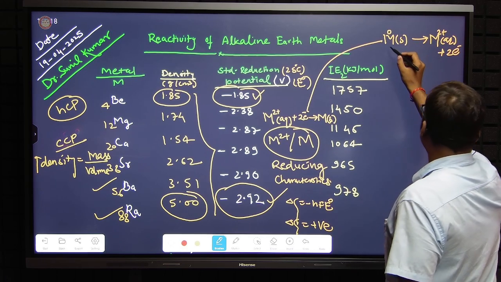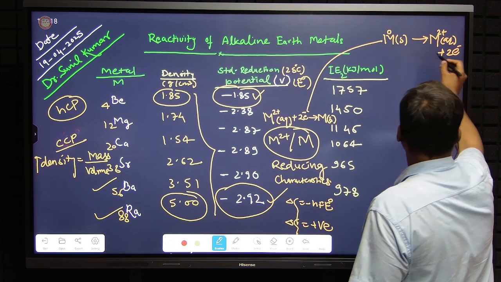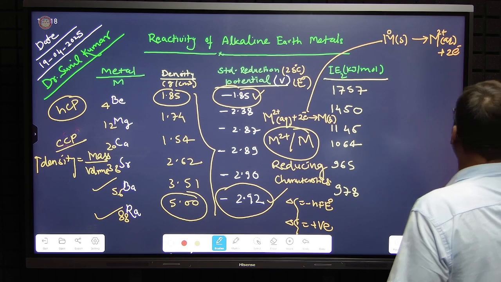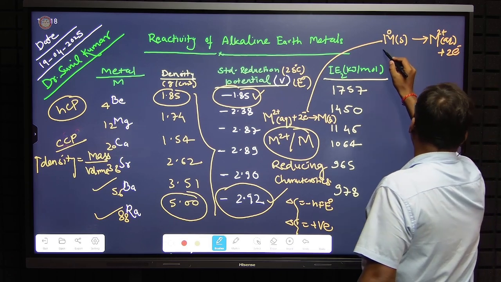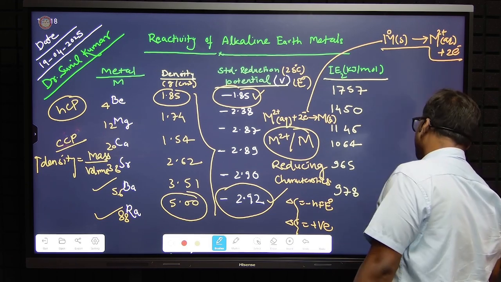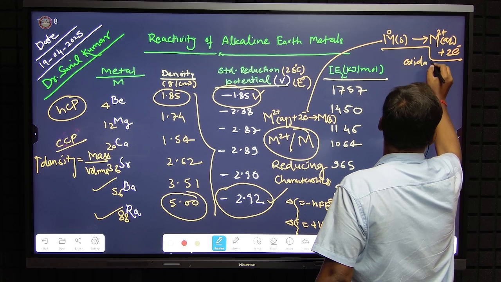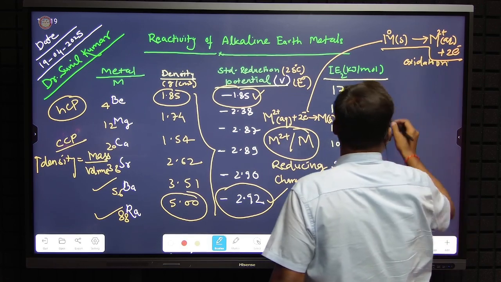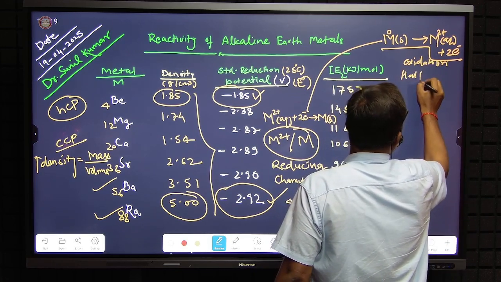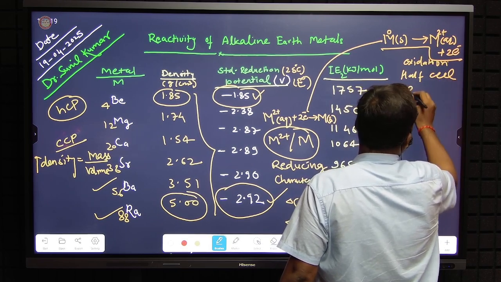Such an increment confirms that this is the oxidation half cell reaction.